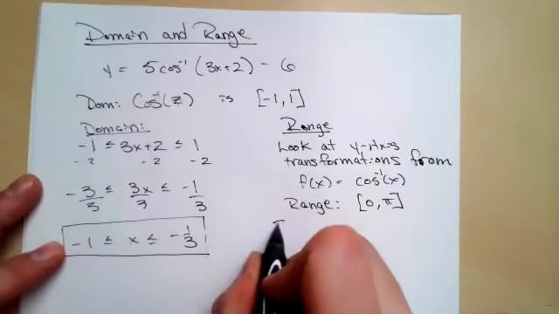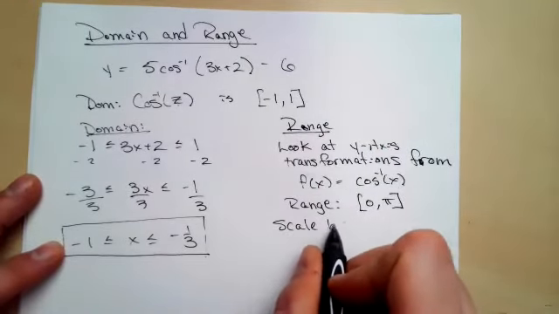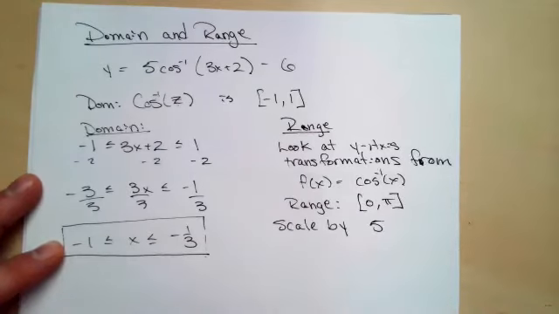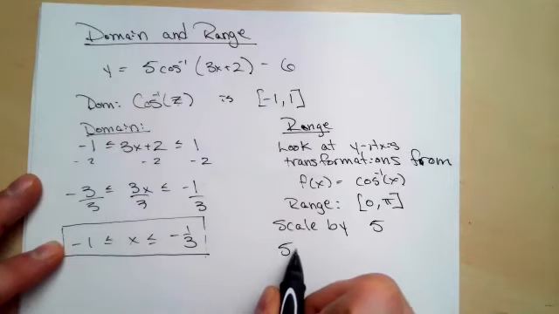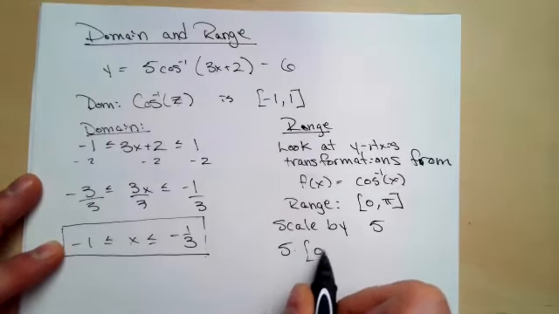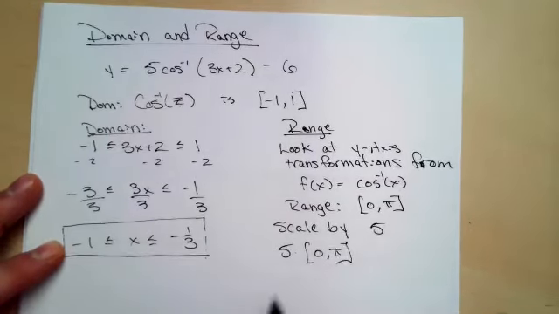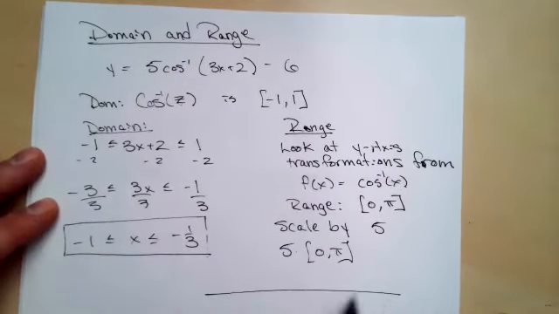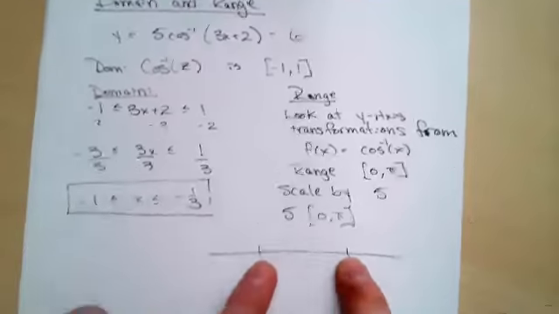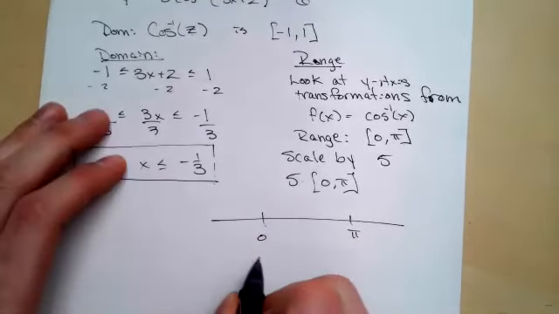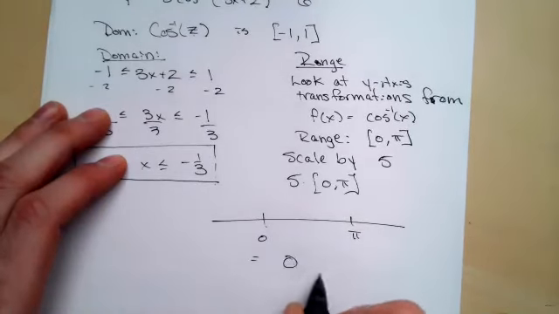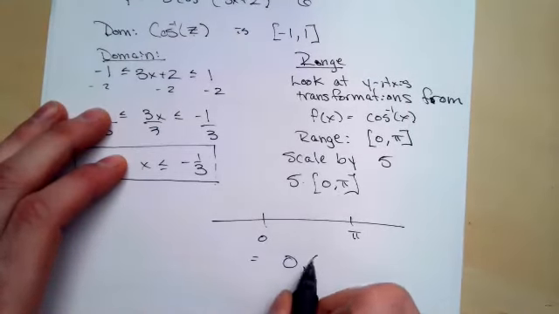So we scale by 5. You can think of it as 5 times this range. If we have this 0 to pi, and I'm multiplying them by 5, 5 times 0 is 0, and then 5 times pi will go up to 5 pi.